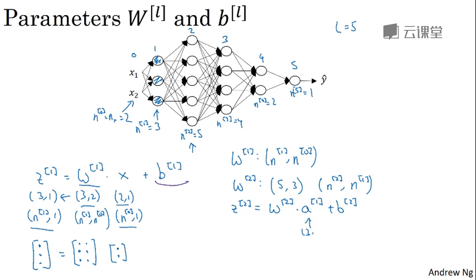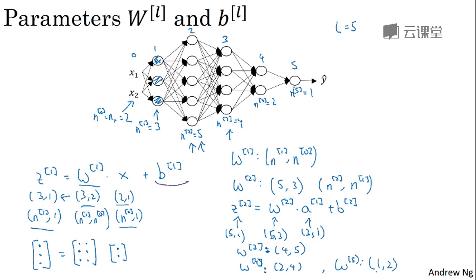This A1 is going to be 3 by 1, and we need Z2 to be 5 by 1, so W2 had better be 5 by 3. Similarly, W3 is really the dimension of the next layer, comma, the dimension of the previous layer. So this is going to be 4 by 5, W4 is going to be 2 by 4, and W5 is going to be 1 by 2.